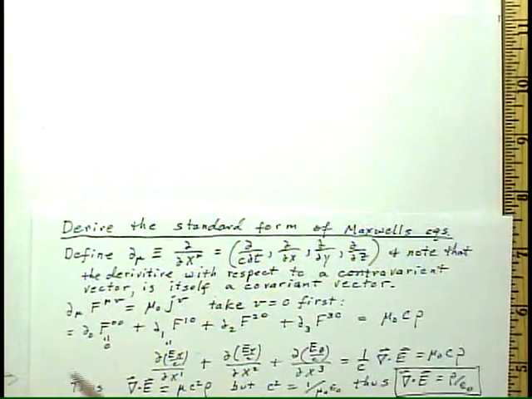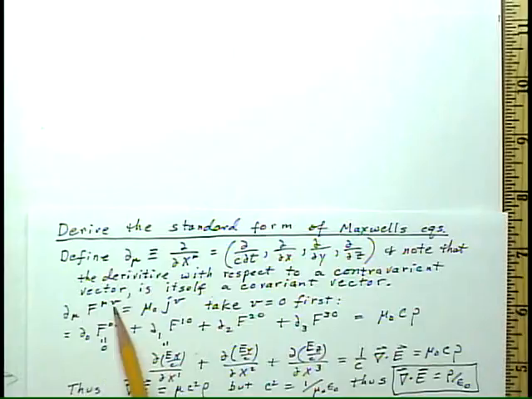So in fact, we're going to start out here and say let nu equal 0, and then we must automatically perform the sum over mu over all values. Mu is equal to 0, 1, 2, and 3, all the while keeping nu equal to 0, and on the right hand side we will have mu naught J0. Now J0, you will recall, is c times rho, which is the charge density as a function of x, y, z, and t.